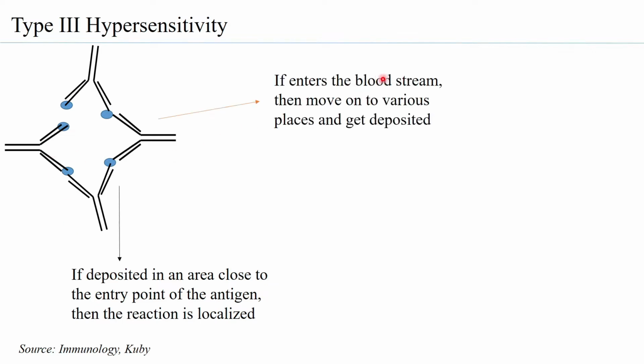However, if this enters the bloodstream, then the immune complex can move on to various places and get deposited. When one says various places, what does it mean? It could adhere to walls of the blood vessels, that is the endothelium.